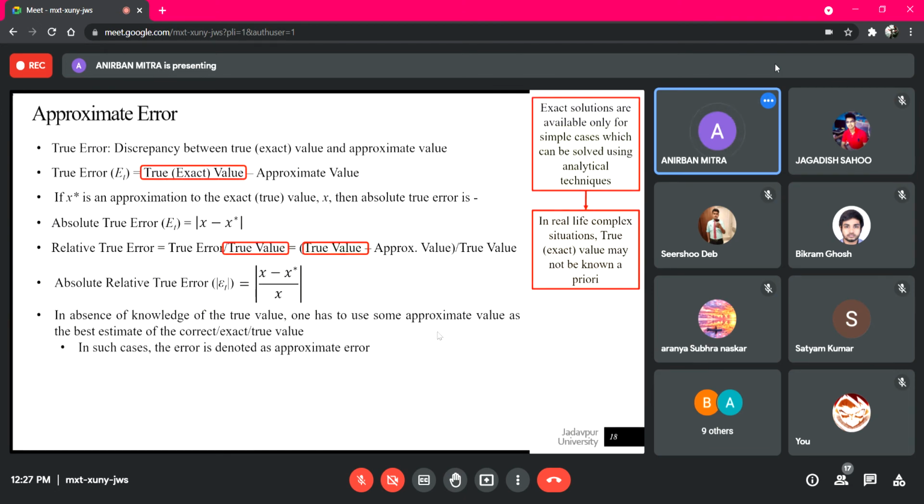So just to recapitulate, in complex situations, we do not know the true value or exact value. So we cannot calculate true error or relative true error. What is the alternative available to us? We have to approximate the true value itself. So we take a best guess or best estimate.